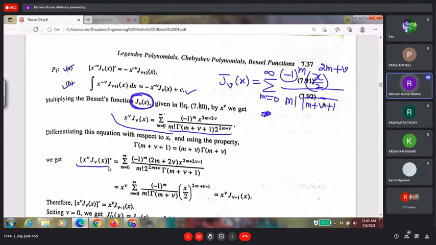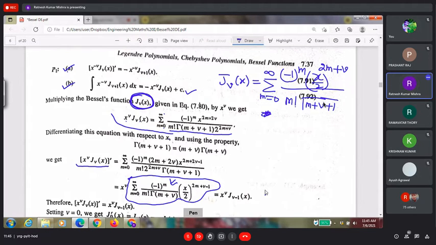So on the left side, 2m plus 2v into x to the power 2m plus 2v minus 1. After simplifying, you can see that this is Jv minus 1. In this formula, if you replace v with v minus 1, you will get this one. So this is the first part.